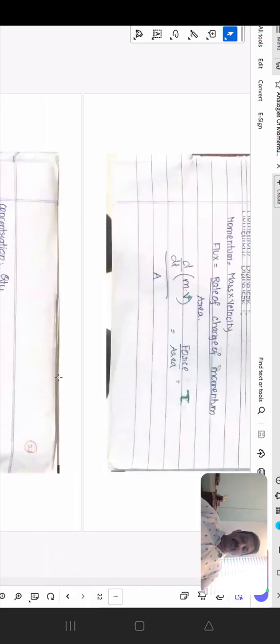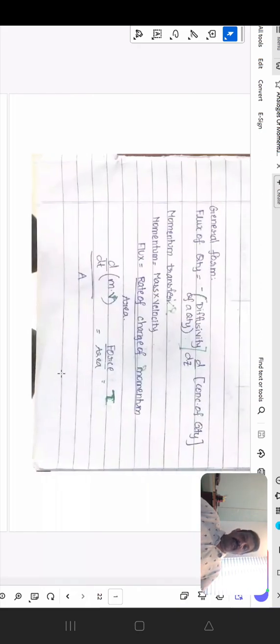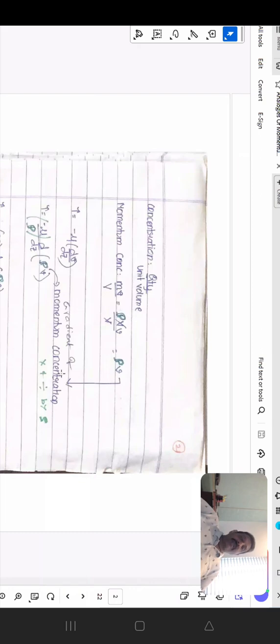Now what is concentration? Here we say change in concentration of a quantity, the concentration gradient. Concentration is nothing but a quantity per unit volume. Mass concentration, molar concentration, we have seen many. Mass concentration is kg of solute in a meter cube of solution. Molar concentration is moles of solute in a meter cube of solution.